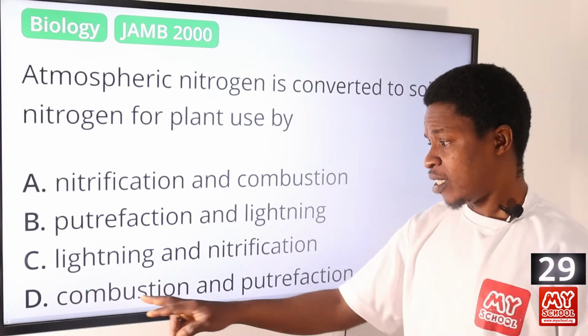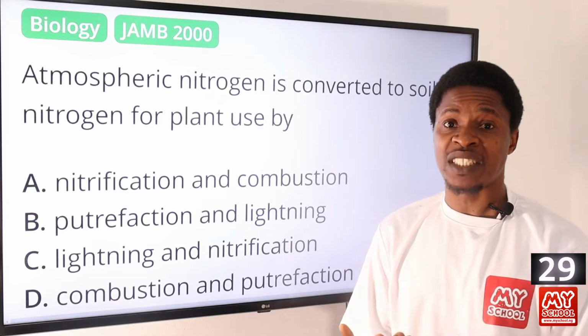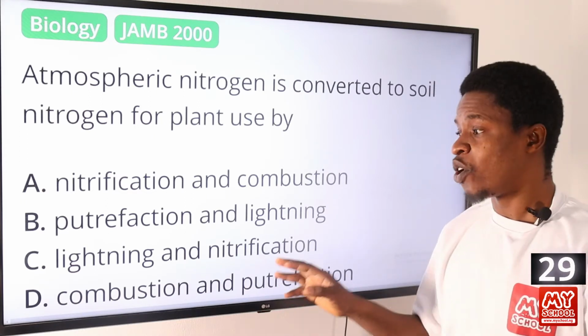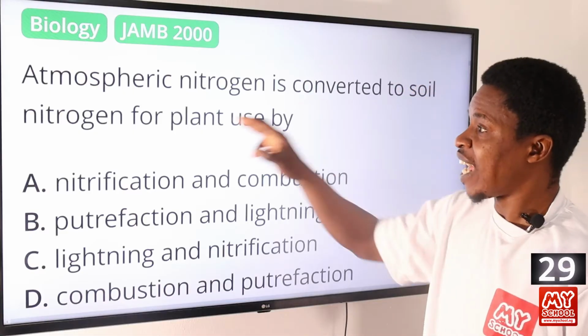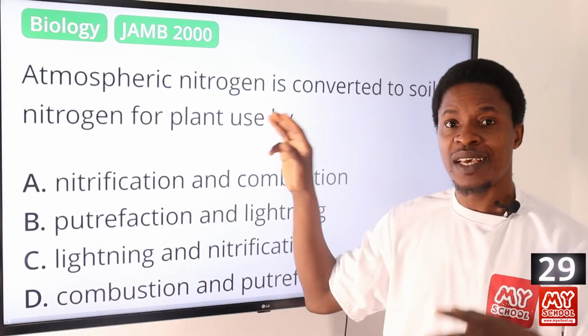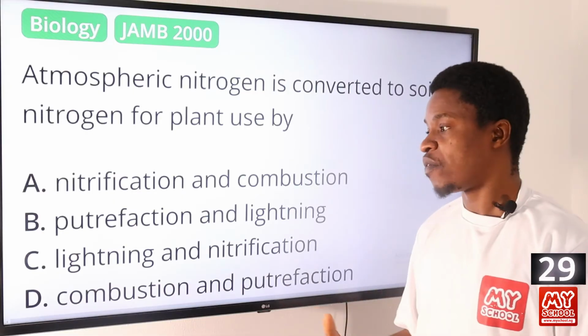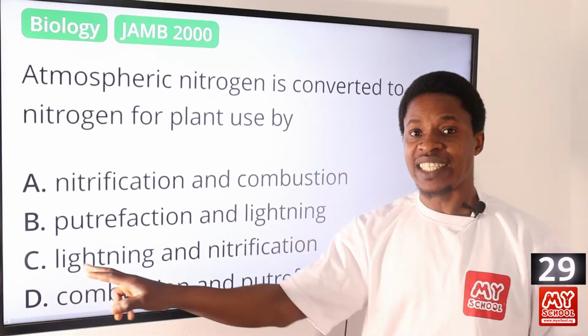Of course, combustion is not correct because it is just a breakdown process that leads to release of heat into the environment, and putrefaction also is not. So, atmospheric nitrogen is converted to soil nitrogen for plant use by nitrogen fixation, which is possible by what? Lightning and nitrification. So, based on that, option C is the correct answer, lightning and nitrification.